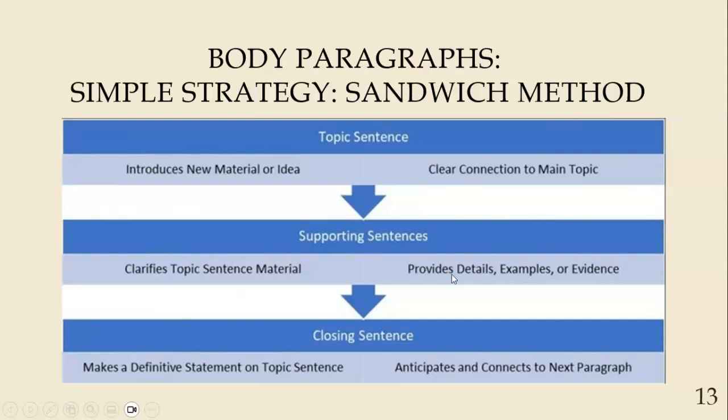You can start providing details, examples, evidence, clarification of those particular sources that you integrate. And you can rinse and repeat that cycle as many times as you want. And then you have that closing sentence, the bottom bun, where you make a definitive statement, tie it back to the thesis, and then you can start transitioning.